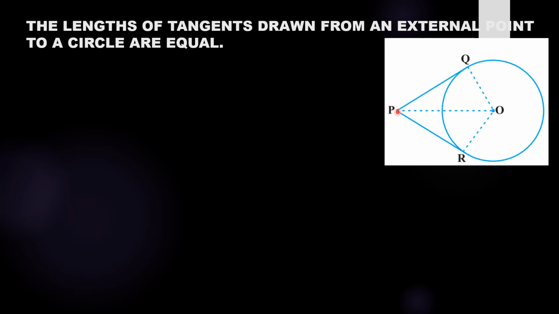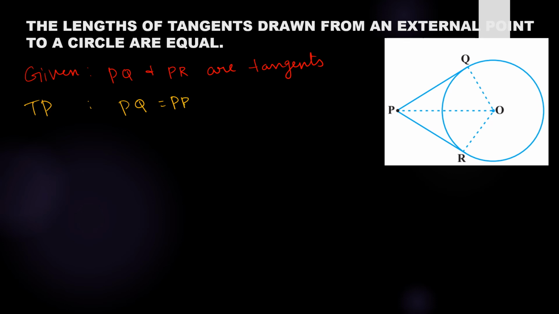Here P is a point from which tangents PQ and PR are drawn, and you have to prove that PQ equals PR. Given: PQ and PR are tangents. To prove: PQ equals PR.